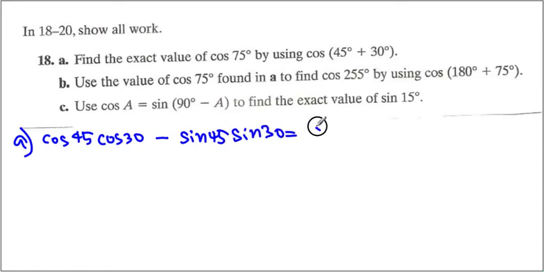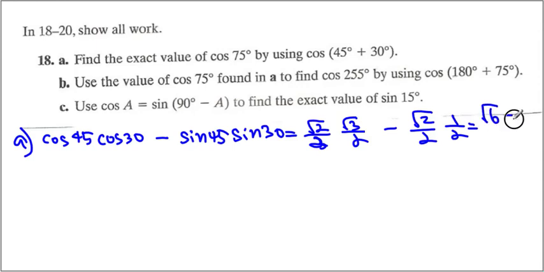Here we have radical 2 over 2 times radical 3 over 2, minus the other, radical 2 over 2 times 1/2. So our final answer becomes radical 6 minus radical 2 over 4. That's what we end up getting for A.